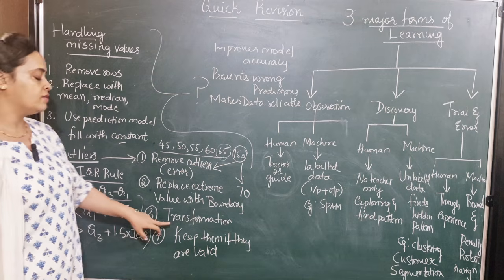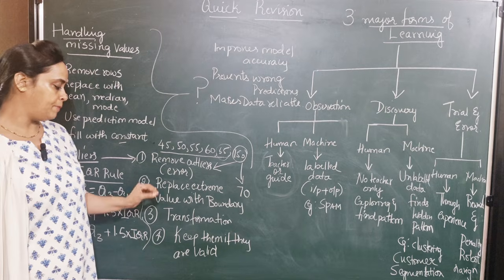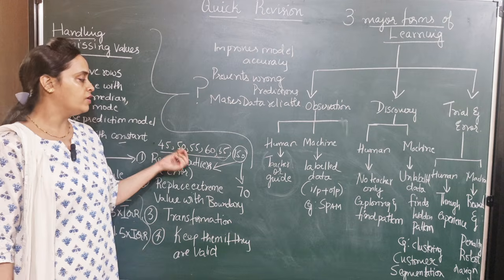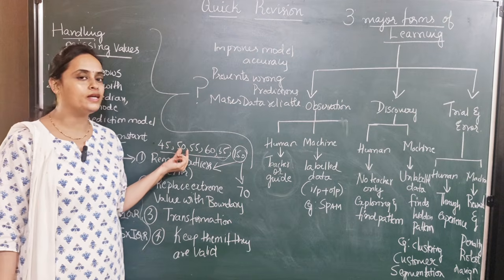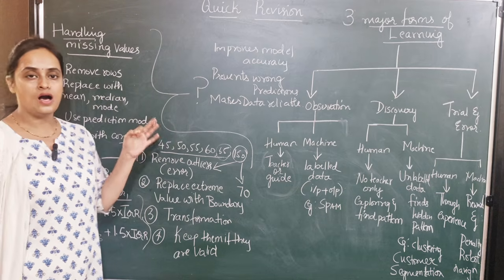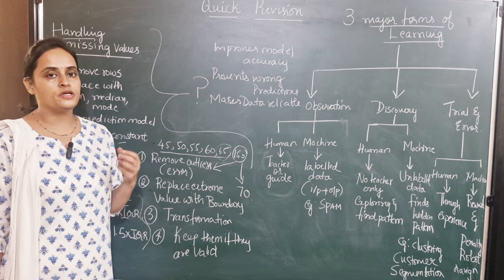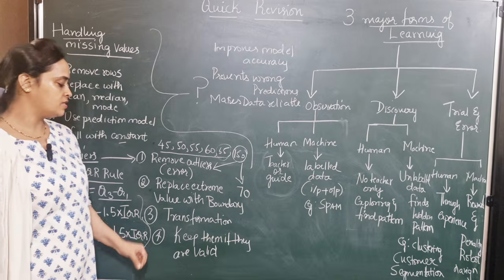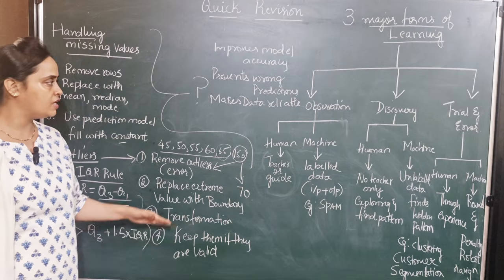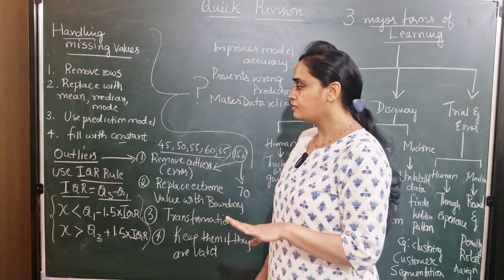Third, using transformation methodologies. Fourth, keeping outliers if they are valid. That means we cannot delete the outlier if it is someone's highest salary in the data set. When it has special importance, in such cases we need to keep it if it is valid instead of deleting. These are the various ways we can handle the missing values and outliers.